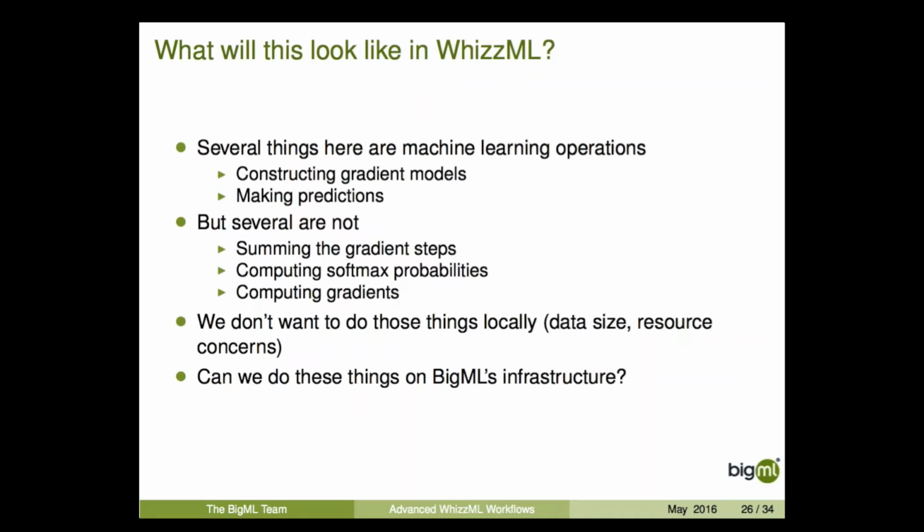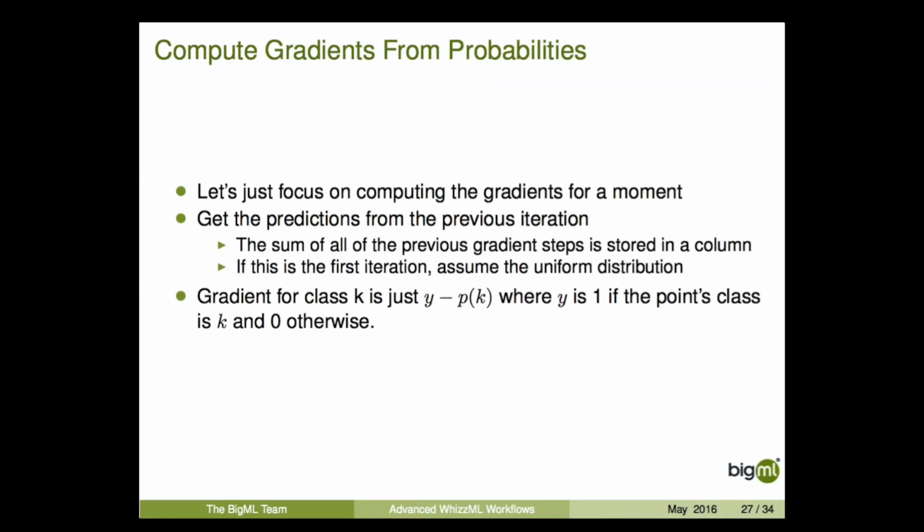Again, we don't want to do those things locally. We don't want to have to bring our whole data set down into local memory to do these simple mathematical operations over each point. We'd like to do it on BigML's infrastructure. Can we do that? And of course, I wouldn't be saying it out loud if we couldn't. So let's look at one of those things.